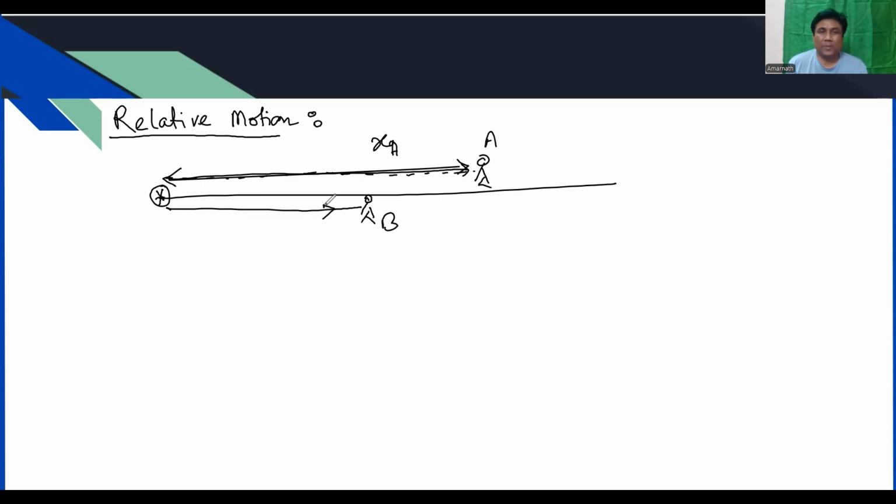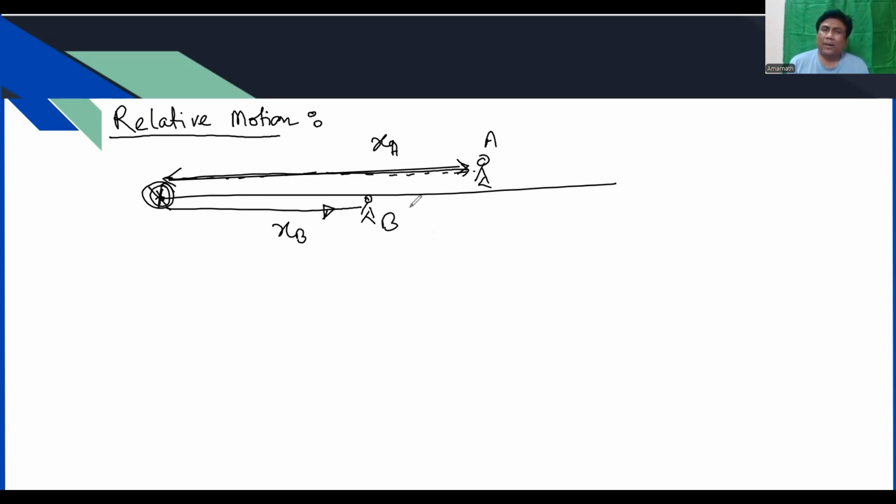This displacement made by B is XB. That is also actual, and you can say relative also, because the observer is stationary. Whoever is looking, that observer is stationary.